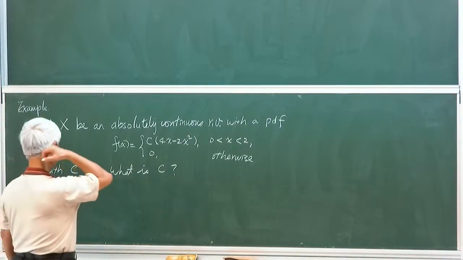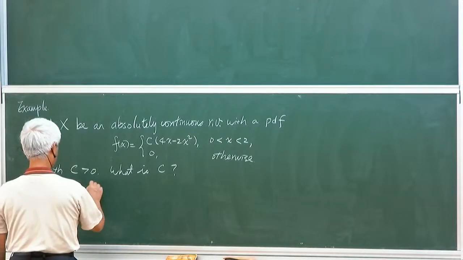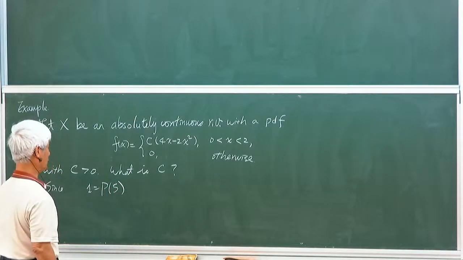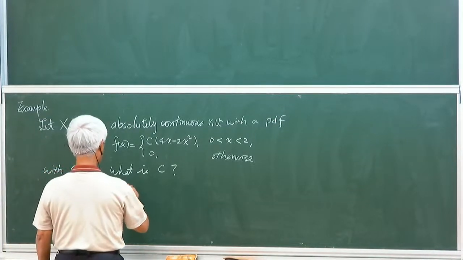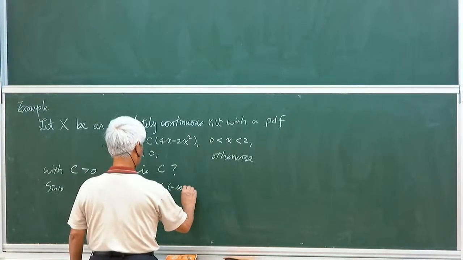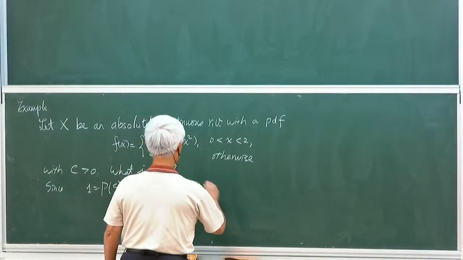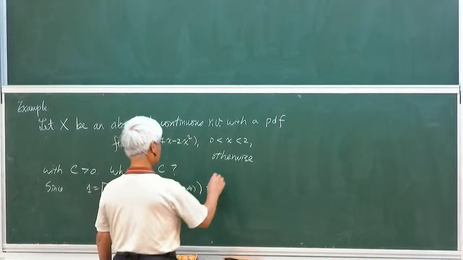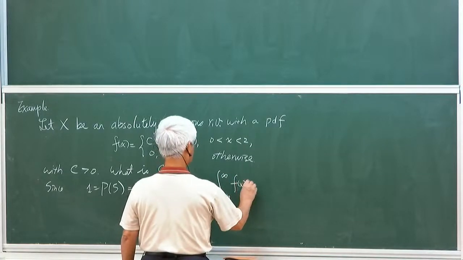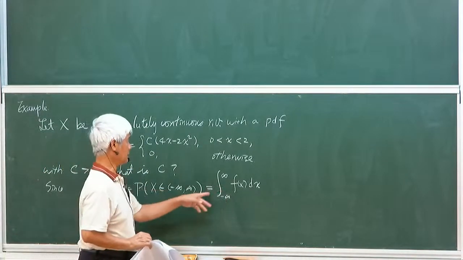Right now, since the probability of the total event is equal to 1, and this is equal to this event, right? And by the definition of a PDF, we know that this integral must be equal to 1.